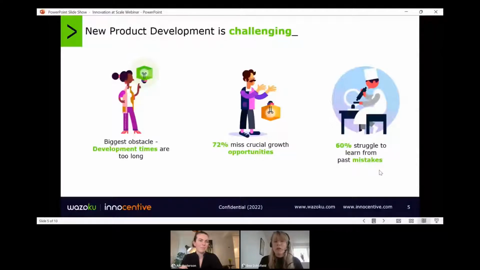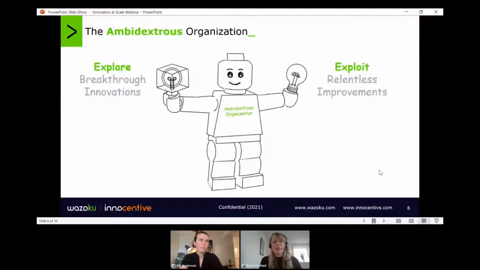One thing we've also seen, and I don't think it's specific to us, a lot of people are seeing this, is how difficult it can be for organizations when we're continuously having to compete, think ahead, and really explore those breakthrough operations, to get the balance right between exploring and exploiting.